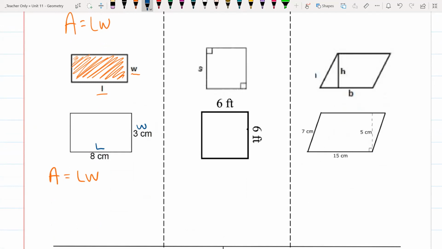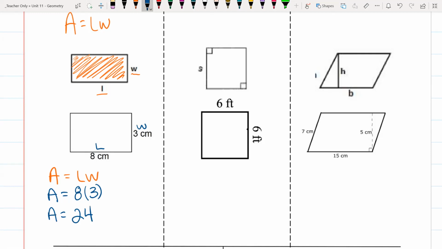Okay, so I know that my formula is length times width, so I know my length is 8 centimeters, and my width is 3. So what that's saying is now we're doing 8 times 3. And 8 times 3 is going to give us 24, right?